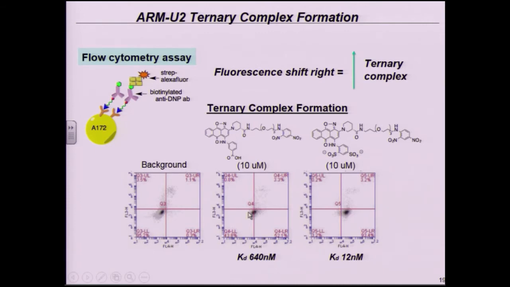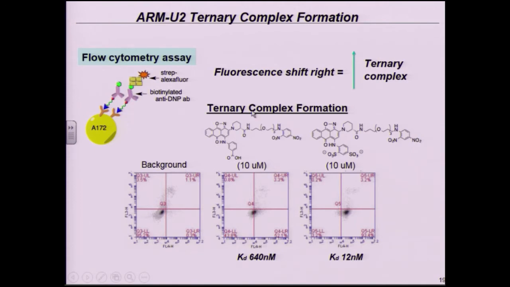To say it another way, how well these molecules form ternary complexes with cancer cells. So you can see here, as we get more fluorescence, the cell population shifts to the right in a UPAR binding dependent manner, because the fact that we see a shift in the cell population fluorescence means we must have molecules that bind UPAR on the cancer cells and the fluorescently labeled antibodies.